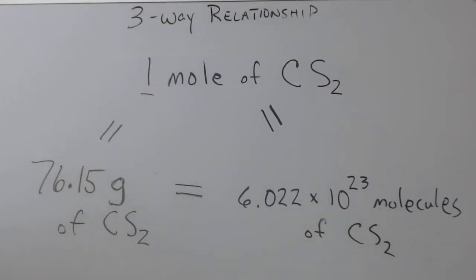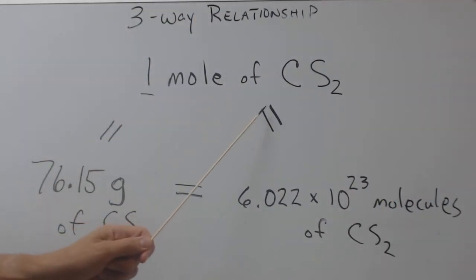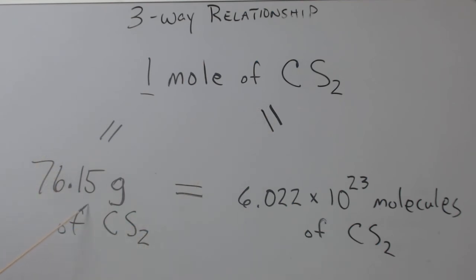So 1 mole of carbon disulfide is going to be equal to the molecular weight of carbon disulfide, and that in turn is equal to Avogadro's number of molecules of carbon disulfide. So be aware that you can use this three-way relationship for essentially anything in chemistry.